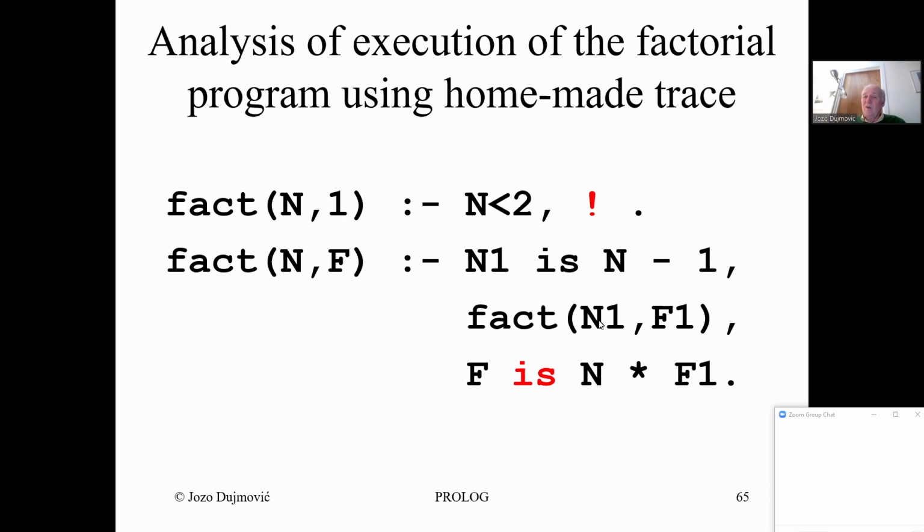But as you're coming here, you have that n, which is initially, for example, 5, is going to be 4, 3, 2, and finally 1.